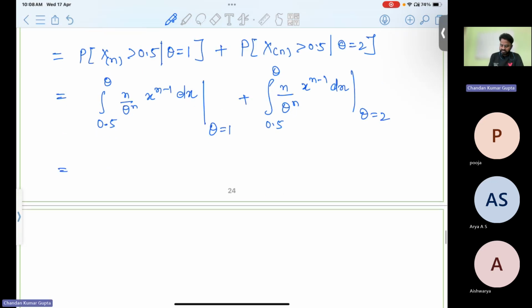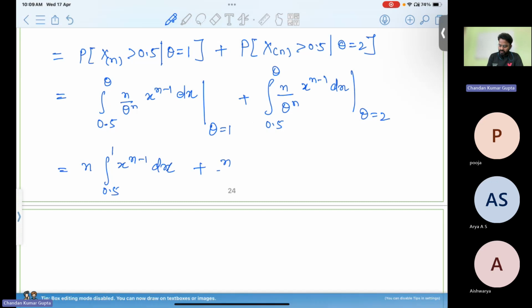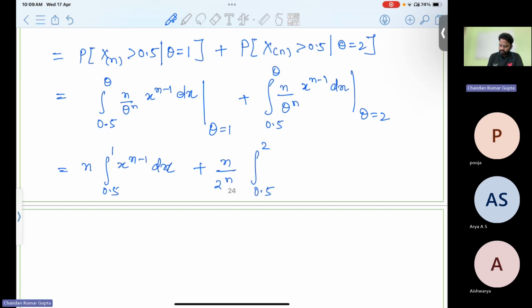For theta equal to 1, 0.5 to 1, n is taken out common, theta to the power n equal to 1, so x to the power n minus 1 dx, plus theta equal to 2, so n upon 2 to the power n, from 0.5 to 2, x to the power n minus 1 dx.